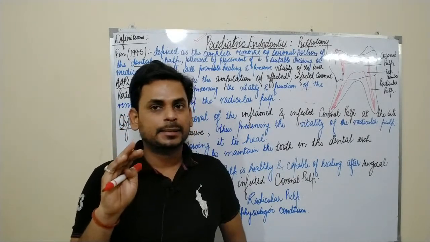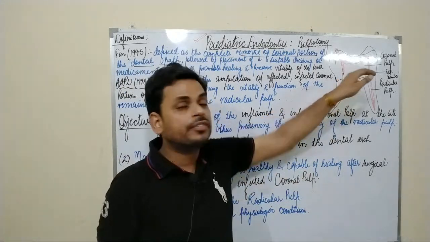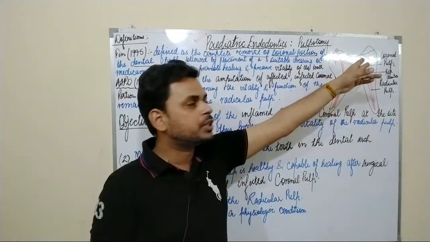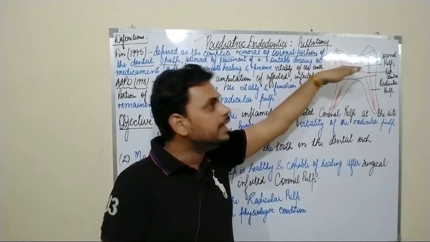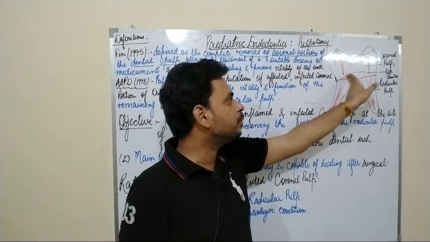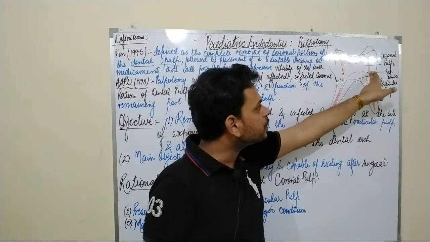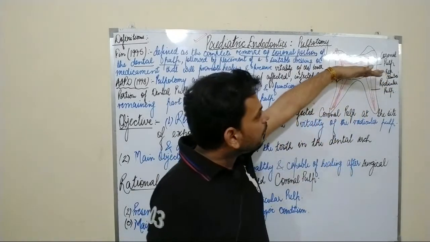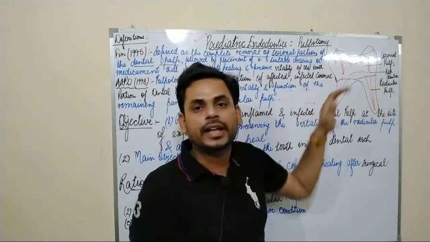Once the bleeding has subsided, we give a suitable medicament dressing over the pulp stumps at the level of the pulp stumps to promote healing, so that we can preserve the vitality of the radicular pulp.